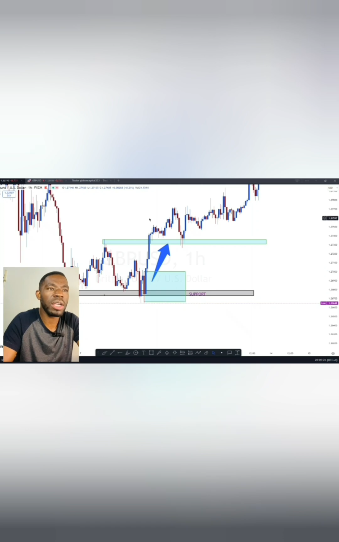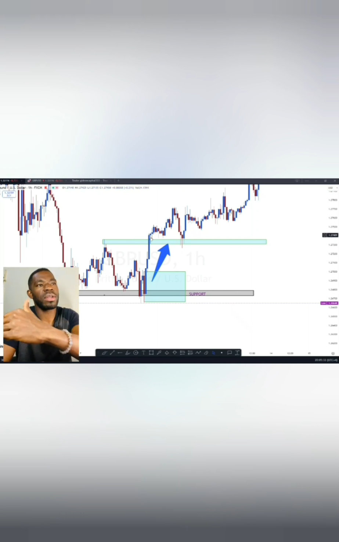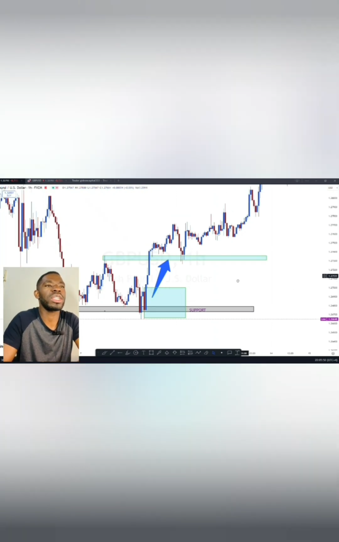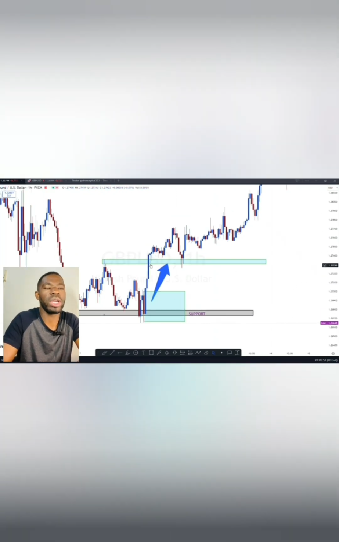It has to be the last candle before the aggressive move that causes a change of character to the upside. Or some would say a break of structure, because this is a lower high and this is a higher high. Either way, it causes this break of structure or change of character to the upside.